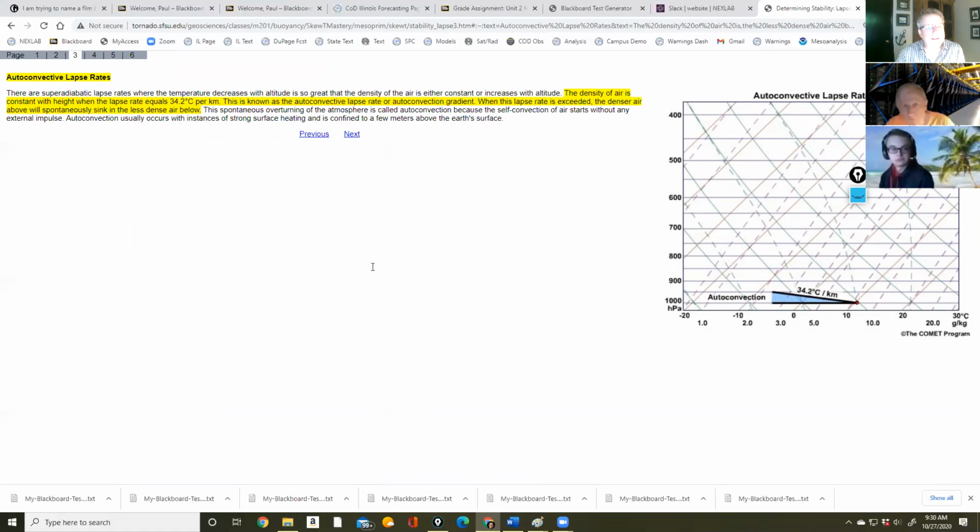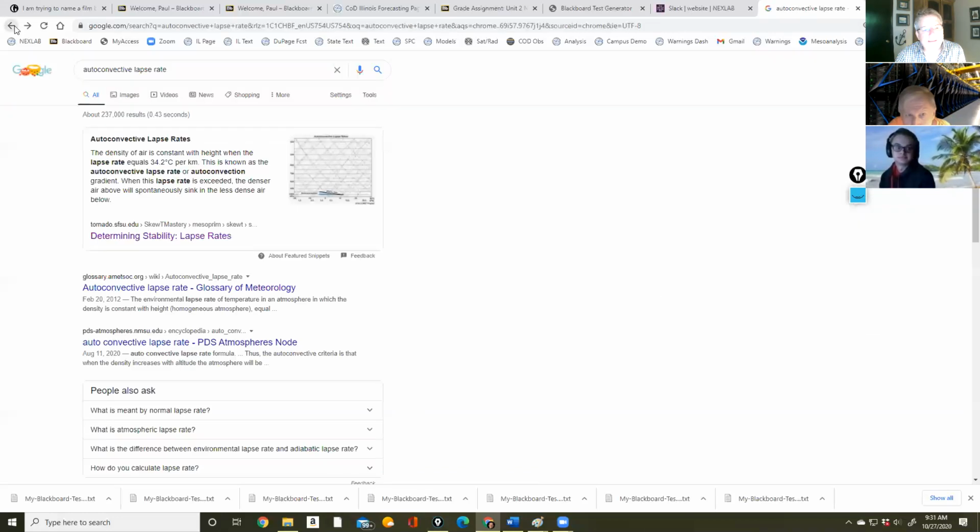The density of air is constant with height when that's the rate. So now how do we get that rate exactly?